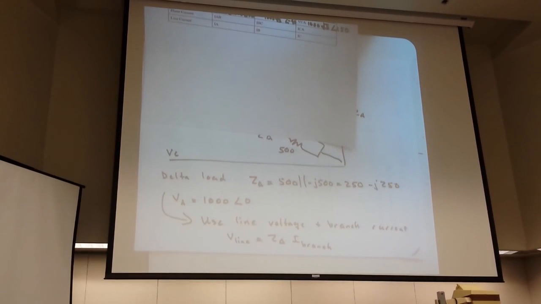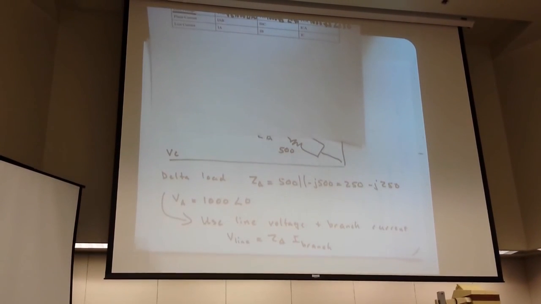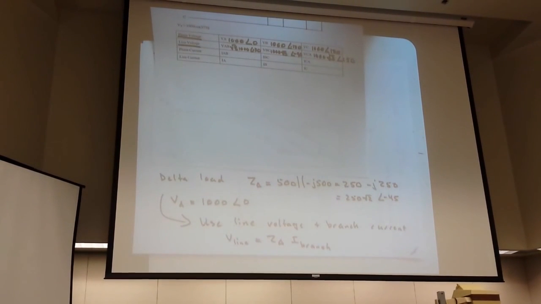Ohm's law. Or since we're given V line, I branch equals V line over Z delta. And so this was 250, you can write this out as 250 square root of 2, angle minus 45. We can do a little bit of math there.